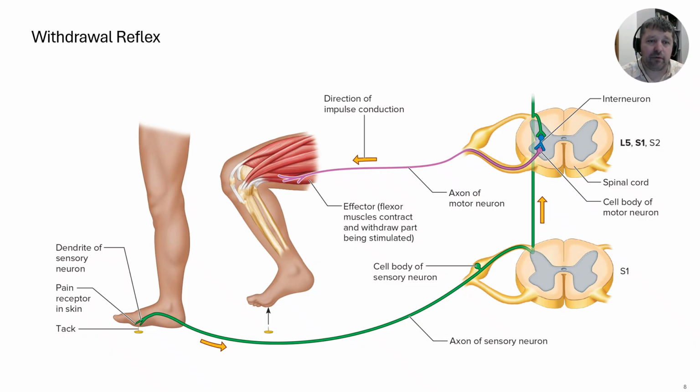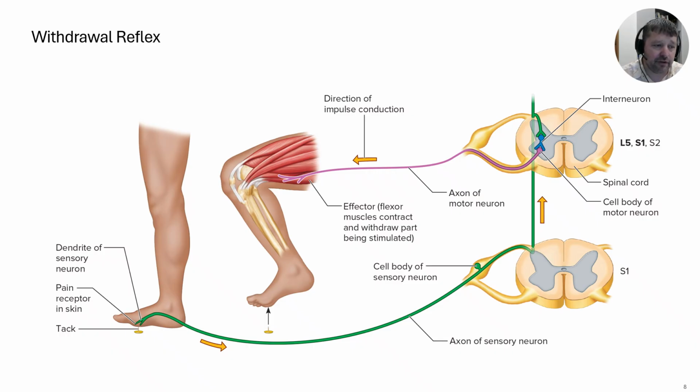Okay, now most of the time, what's going on with systems, especially in the leg region, is that at the same time this is occurring, you have another reflex that's occurring on the other limb.